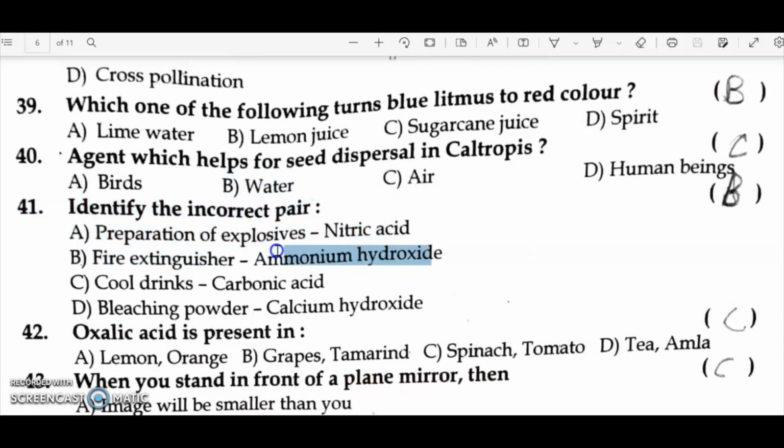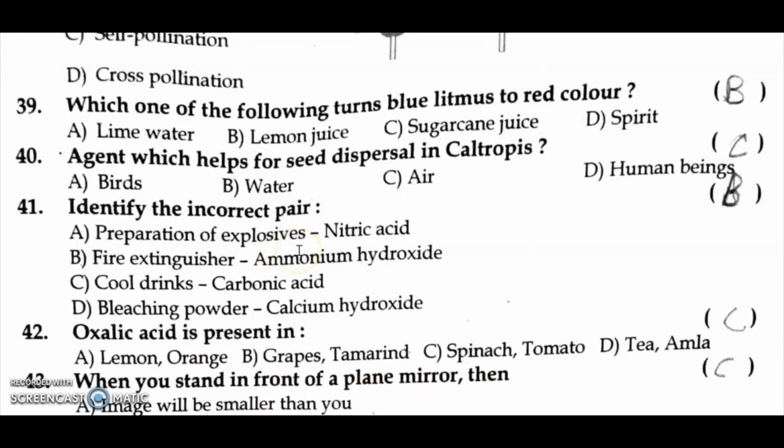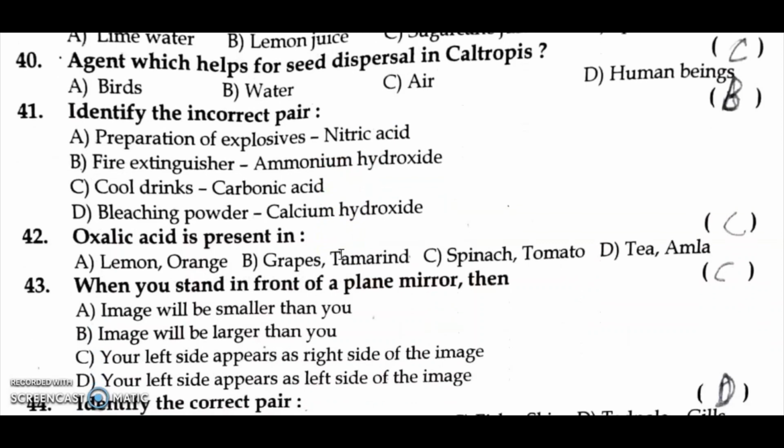Preparation of explosives, nitric acid. Fire extinguisher, ammonium hydroxide. Cold drinks, carbonic acid. Bleaching powder, calcium hydroxide. As I was about to say, the answer is B. Fire extinguisher, ammonium hydroxide.